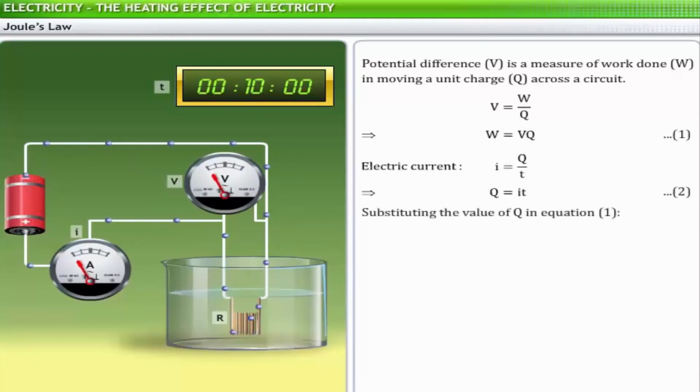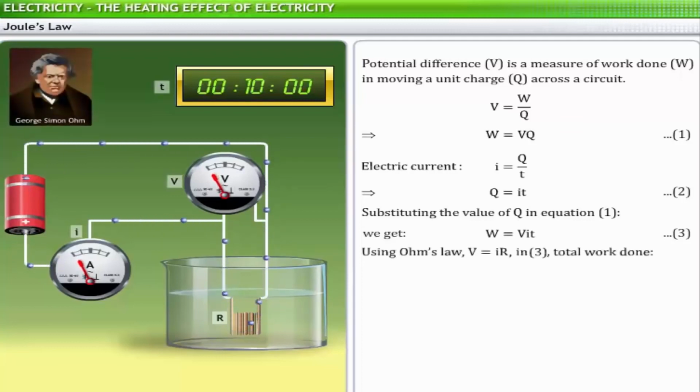Substituting the value of Q in equation 1, we get equation 3: W is equal to VIT. Now let's use Ohm's law, V is equal to IR, in expression 3, to get the formula for the total work done by electric current.